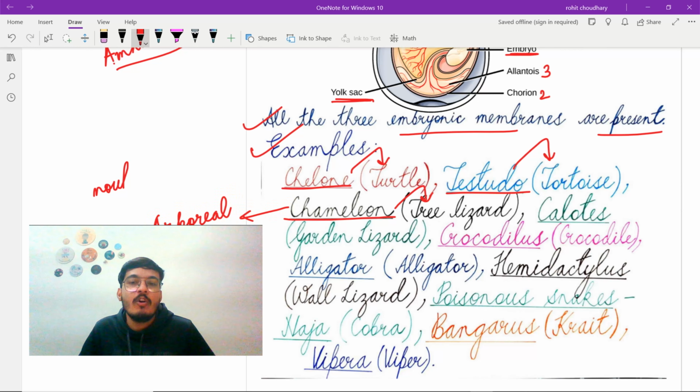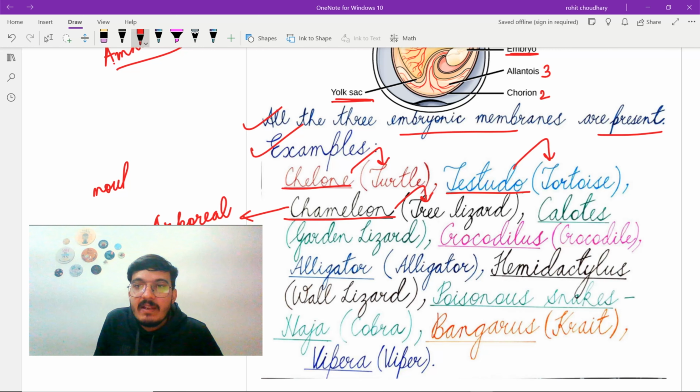Chameleon has a long protrusible tongue that helps it to capture the prey. It has a long and prehensile tail. It can change its color and camouflage with the surroundings.